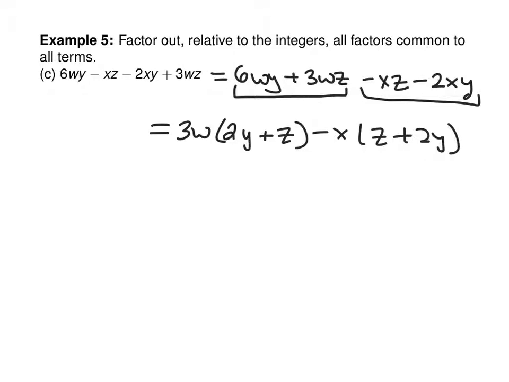So the negative also undistributed. And now, is this 2y plus z the same thing as z plus 2y? Yes. Technically, yes. You can take that out now. So you get 2y plus z times 3w minus x.